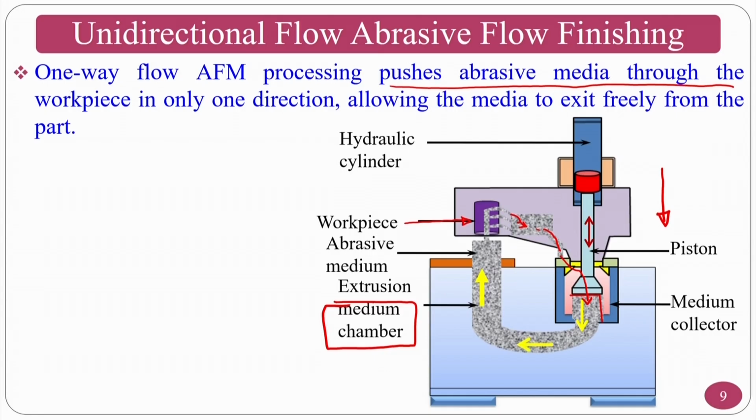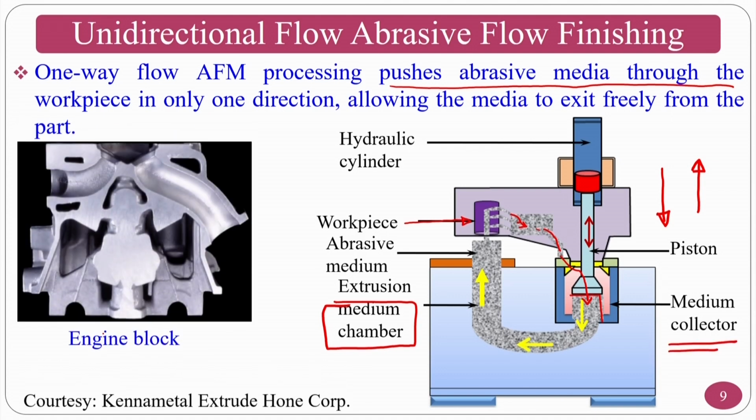It is not pushing when it retraces the path backward. It just goes back to allow the medium extruded from the workpiece to come into the medium collector. The workpieces finished using this process are things like engine blocks.